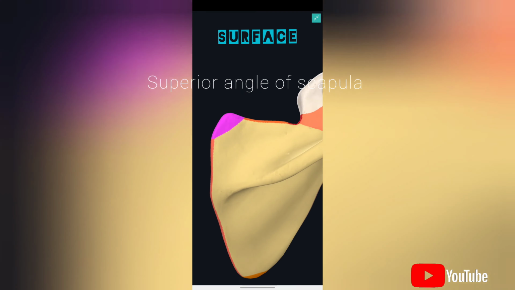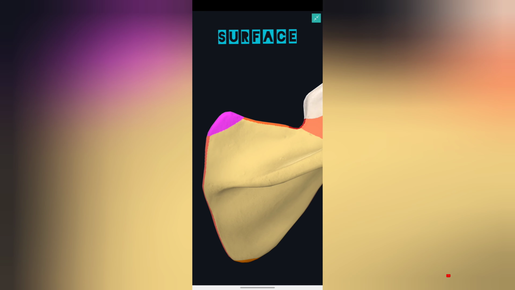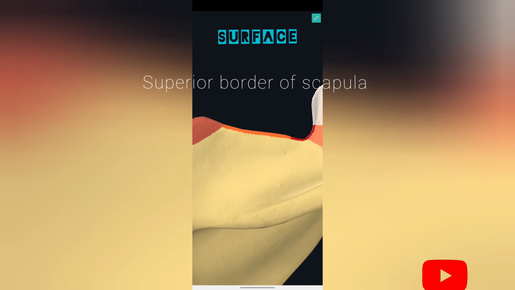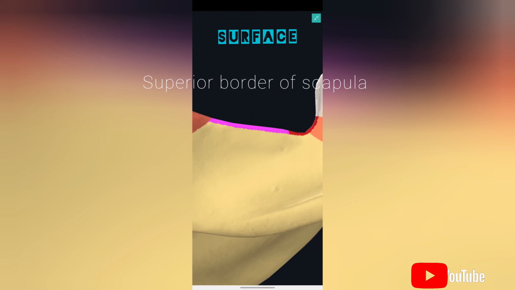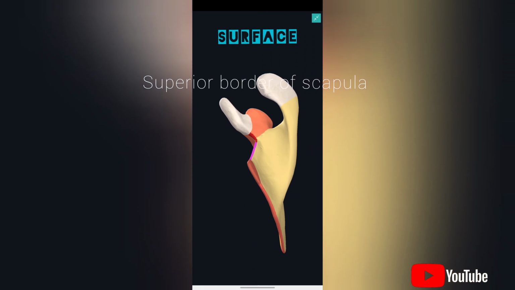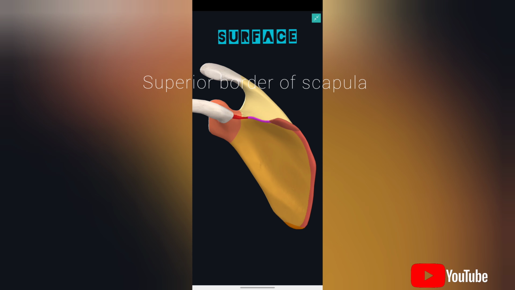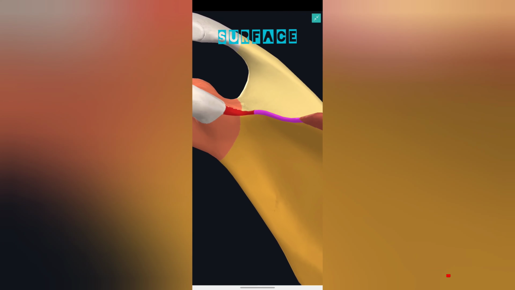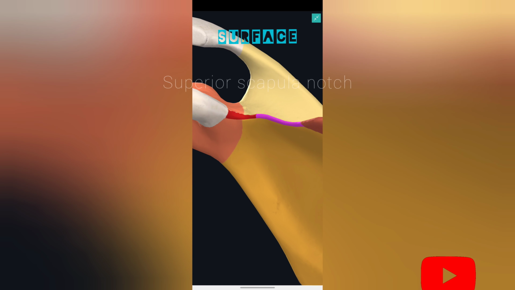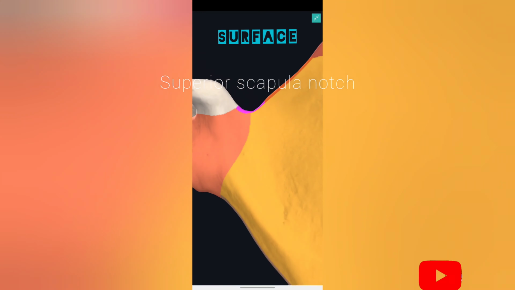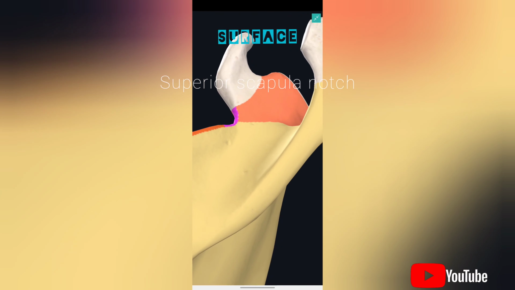Neighboring the superior angle we have the superior border of the scapula, this border shown in pink. And then neighboring it is the superior scapular notch.